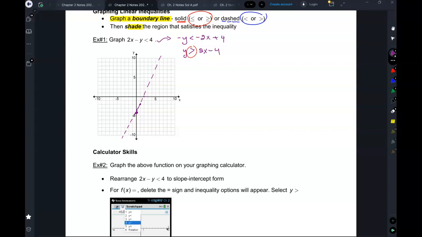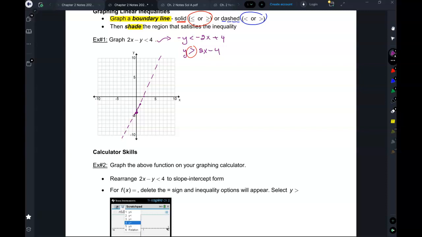So take a look here. This is saying the solutions are all of the y's that are greater than this line. Greater than on a graph means above the graph, right? So if you look at this line, the region here is above, and the region here is below.